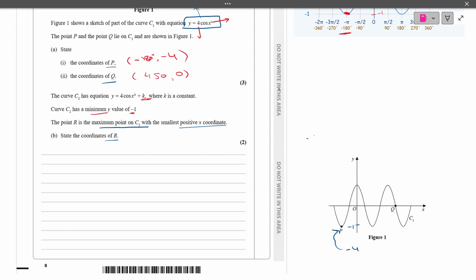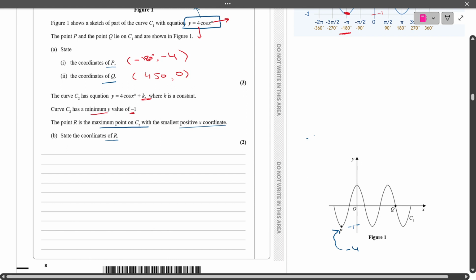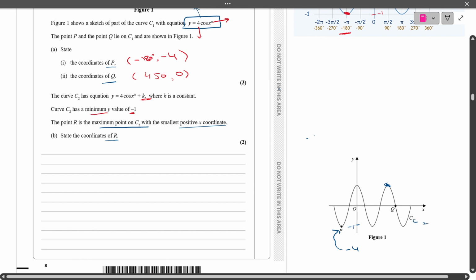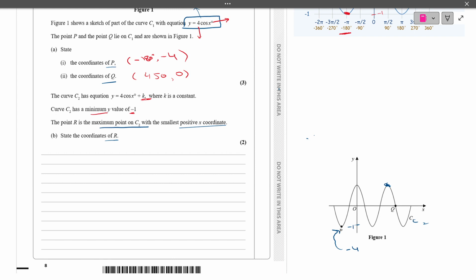So I need to find the maximum point on C2 with the smallest positive x coordinate. Let's say this is curve C2 after shifting. This is the maximum point, and I have to find the smallest positive x coordinate.